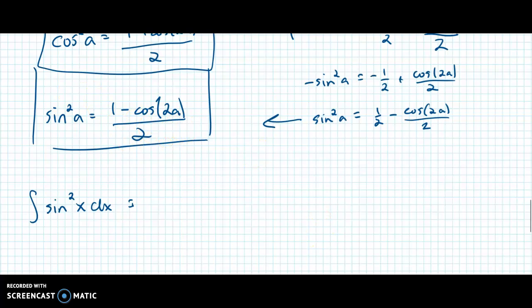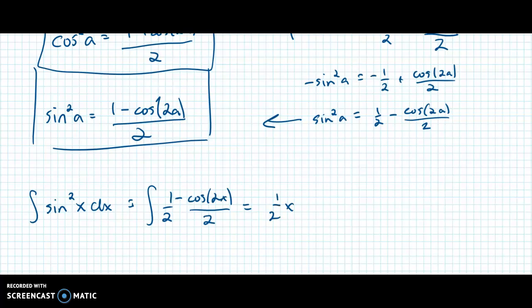So I get that is the same as the integral of 1 minus cosine of 2x, and then I'm going to write it as 1/2 and over 2 like this, just because it's a little bit easier to integrate. And what's that give me? Okay, this should be an x, not an a. So what is that?